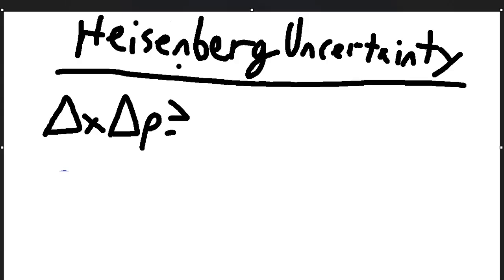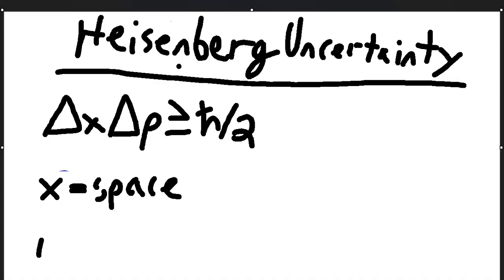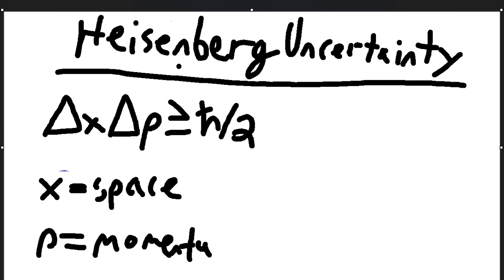Δx Δp is greater than or equal to ħ/2. This equation is not so bad. As a note, x is related to space, and p here is related to momentum, and this big triangle shape is related to change.